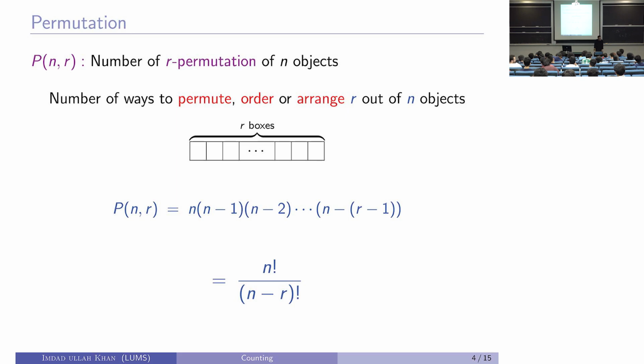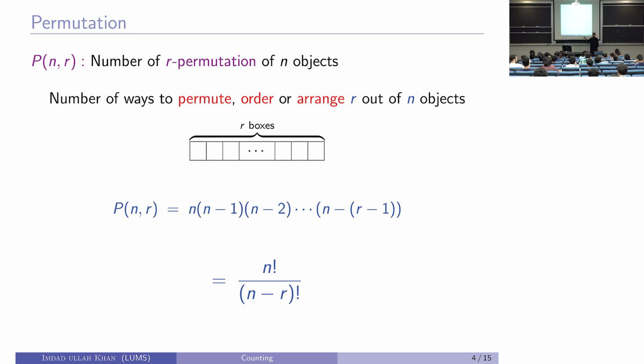So this is equal to n factorial divided by n minus r factorial. Just multiply, continue this product up to 1, and also divide by the additional factors. If you multiply this with n minus r factorial and divide by n minus r factorial, you get exactly P(n,r) that we got from the product rule, but this is easier to write and easier to describe.